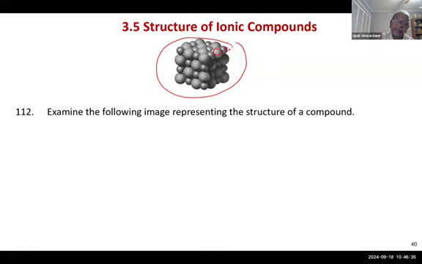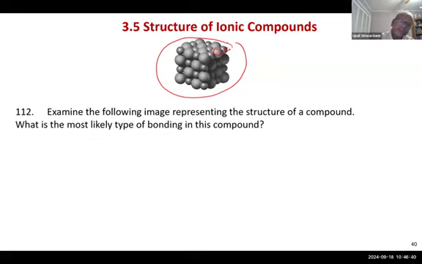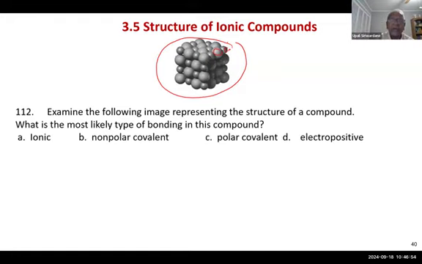Examine the following image representing the structure of the compound. What is the most likely type of bonding in this compound? If you have a collection of regularly arranged pattern like that, it's mainly ionic compound. The correct answer to that, when you see regularly ordered packing like this, that's ionic compound. Covalent compounds have structures like water.